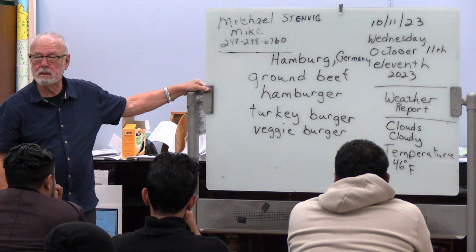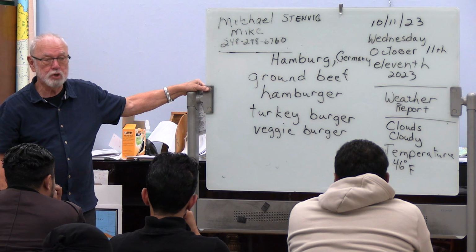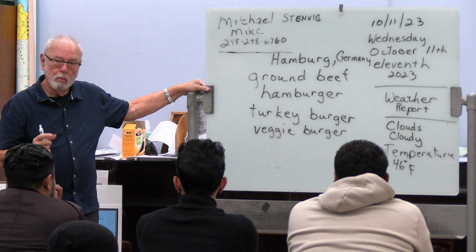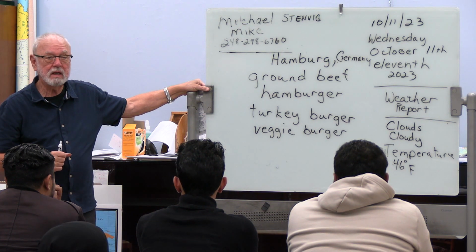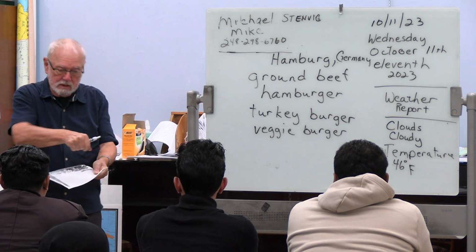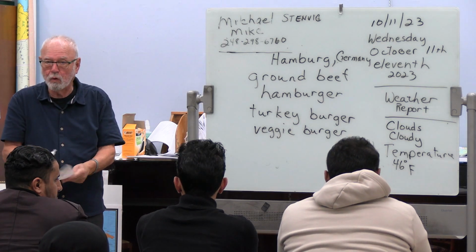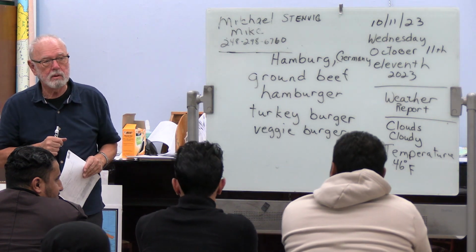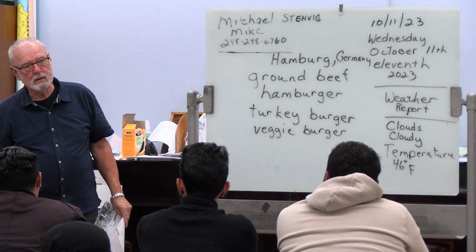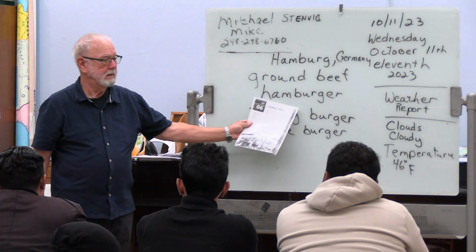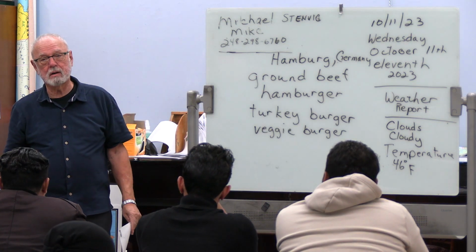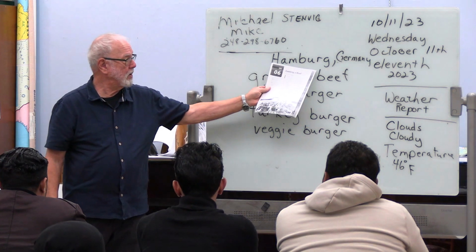And people in the city of Hamburg said, let's make something different with meat. Instead of cooking it and slicing it with your knife and fork, you grind it up and put it on bread. And guess what they called it? Hamburger. That's how that name started, from Hamburg, Germany.